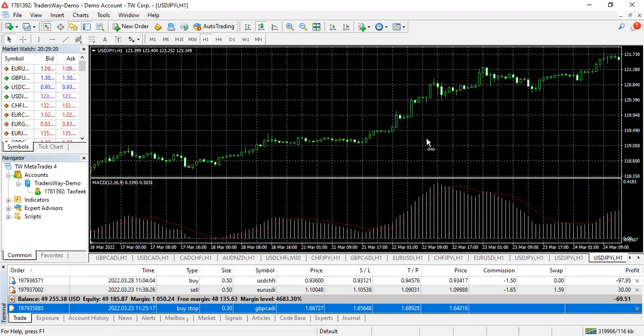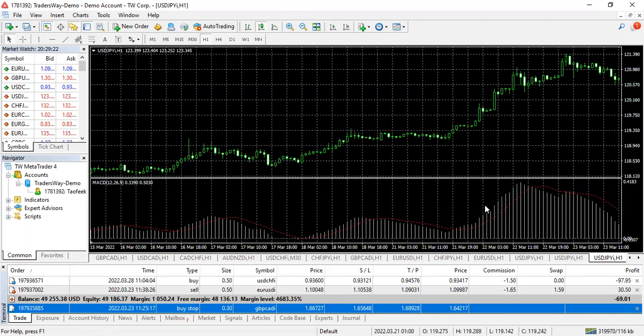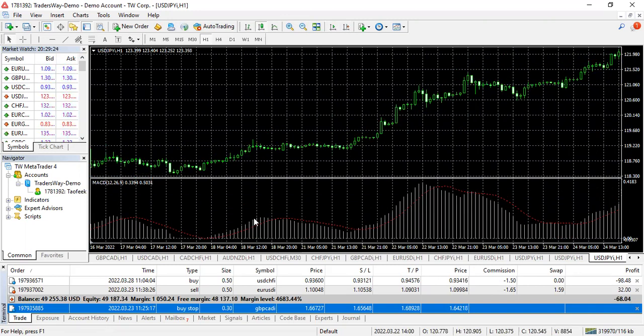It's ranging like this. We have an uptrend here, and you see the momentum here is getting high. And when the market reverses a little bit here, the momentum also comes down a little bit. So the momentum is going along with the trend. And when the momentum is changing, the trend will also be changing.